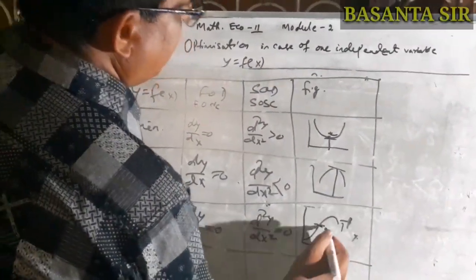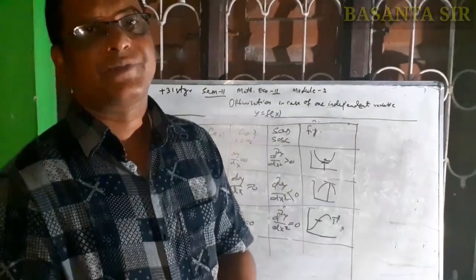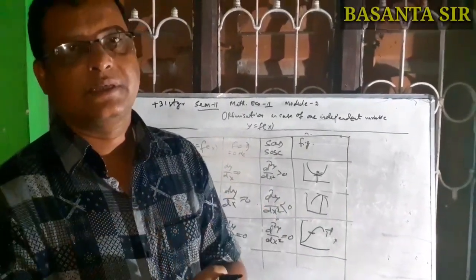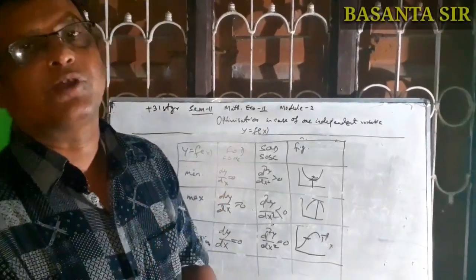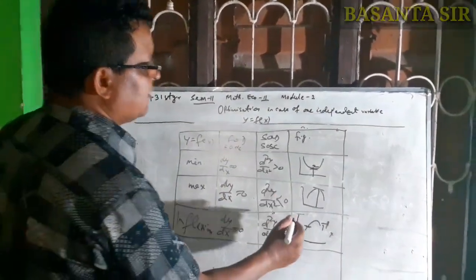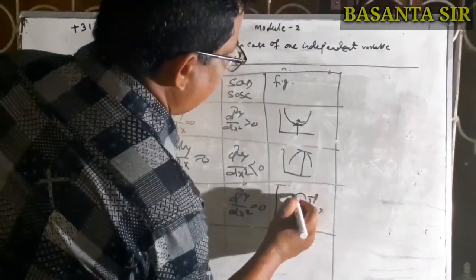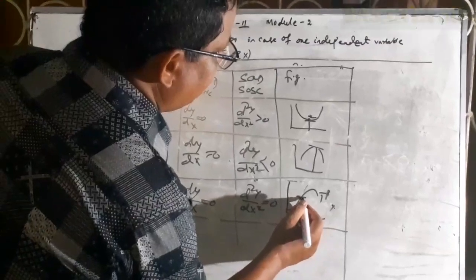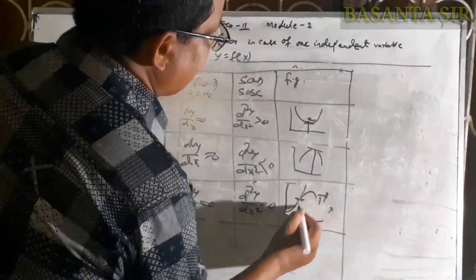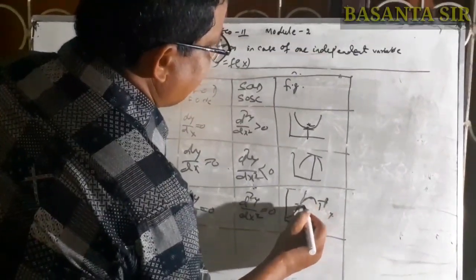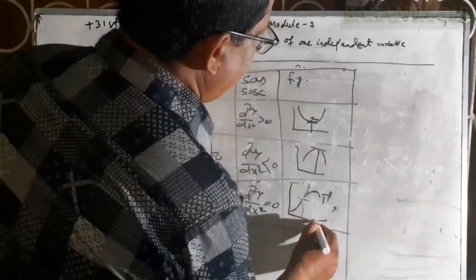What does inflection mean? The point where a curve changes its direction or curvature is called a point of inflection. Look at this. The curve which is rising may go on this way, and the falling curve may go this way. But what we find is that the curve changes direction at this point. So we call it a point of inflection.